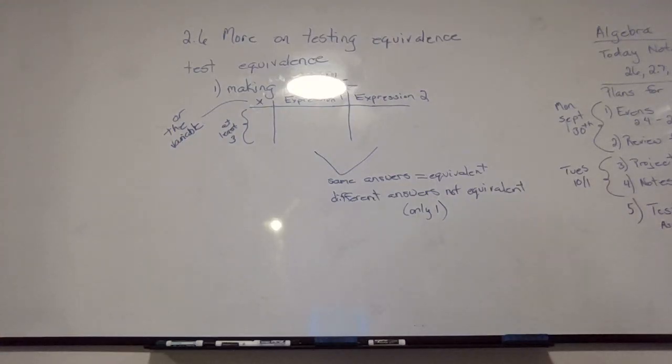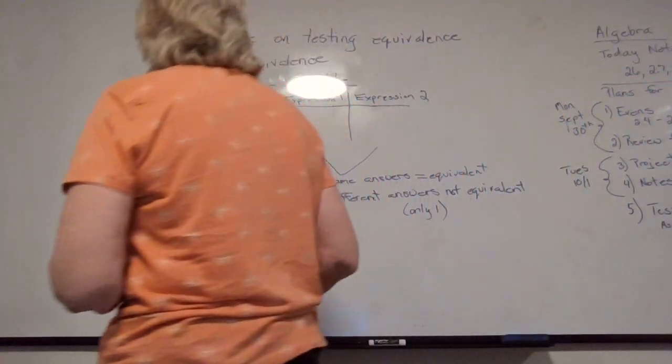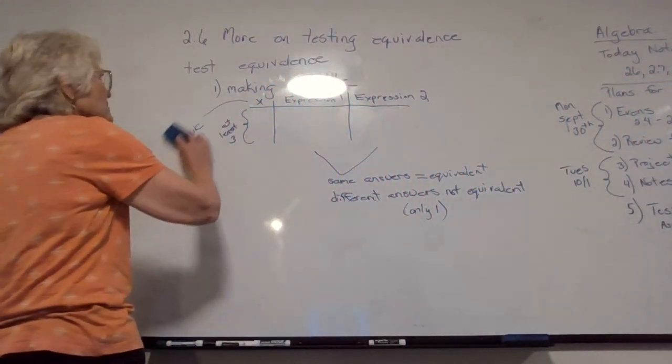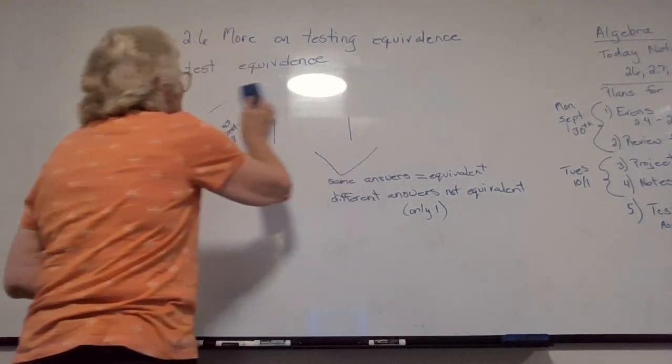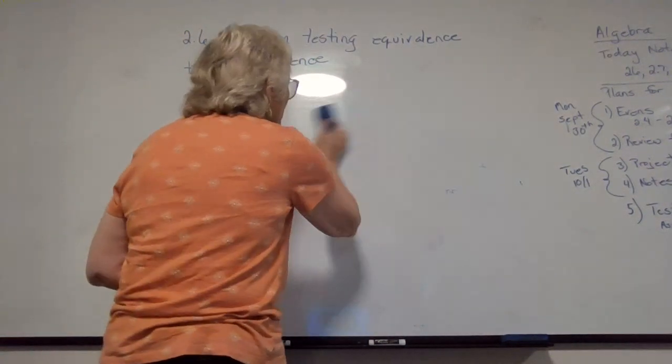Okay, think about what is another way we could test to see if they're equivalent. What's another way? We talked about it yesterday briefly. Okay, I'll give it to you.